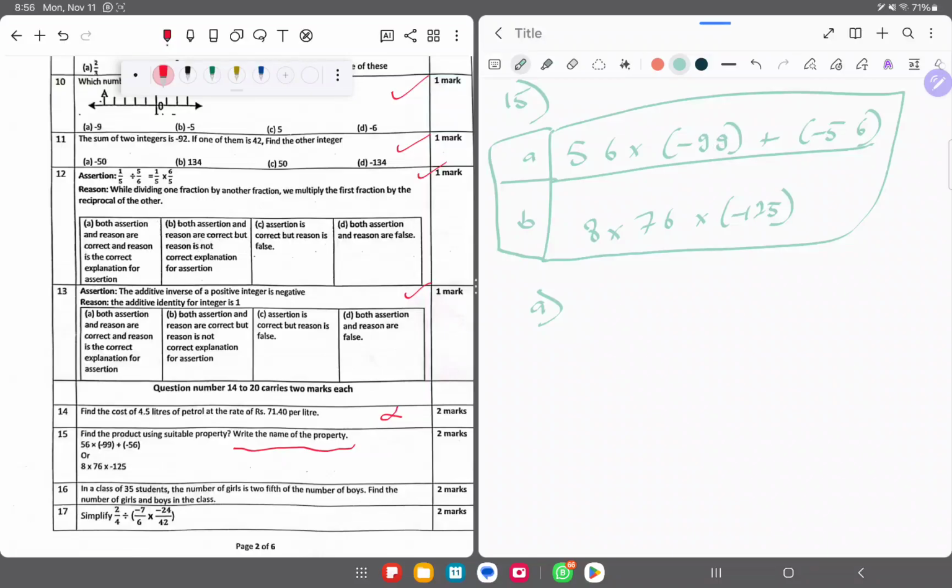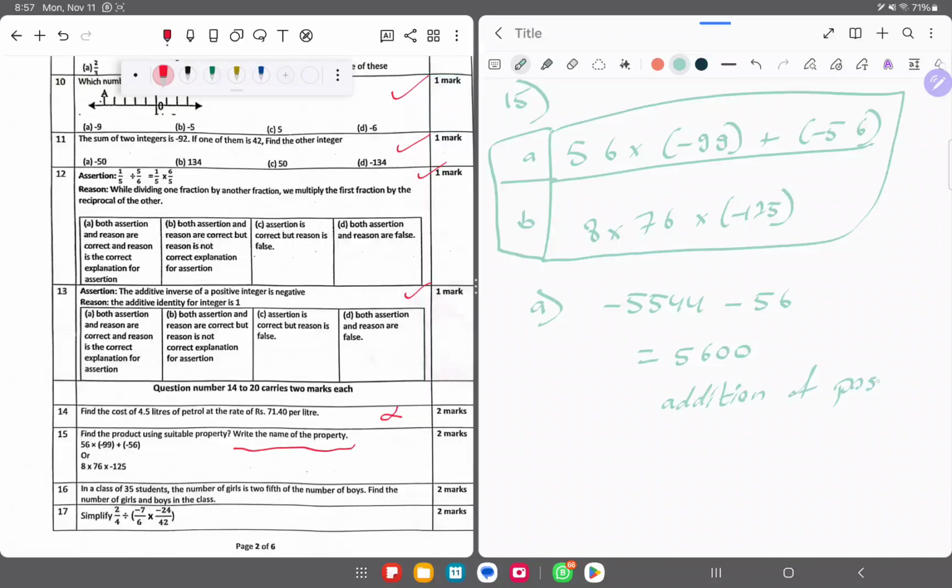That's minus 5544. Plus minus, so minus 56. So now I just need to add two negative numbers together. I would get minus 5600.